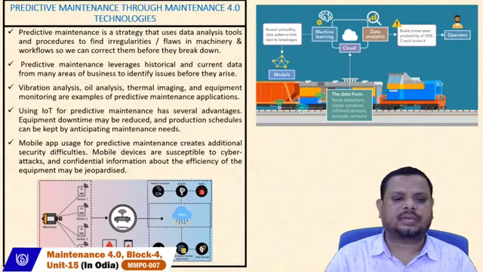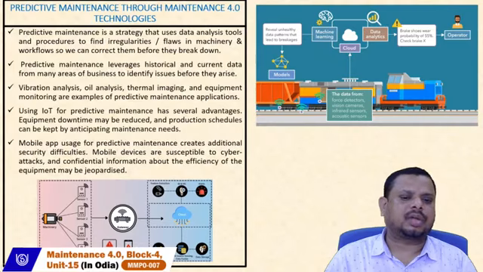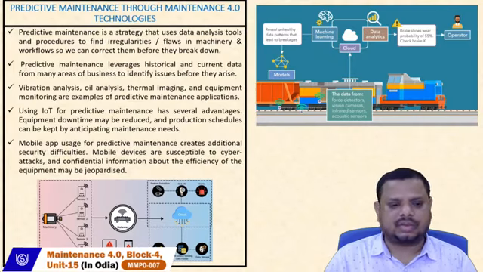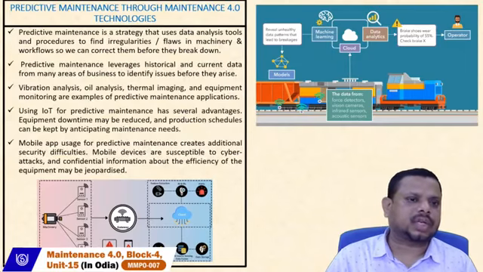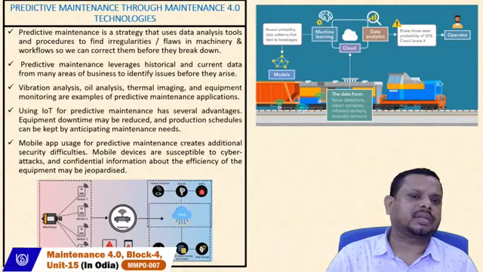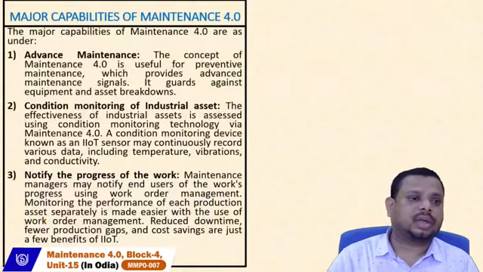Mobile devices are susceptible to cyber attacks. Confidential information about the efficiency of the equipment may be jeopardized. That is why you can use a computer to analyze the various data which is enabled through the advanced IoT technologies. So this is the application of predictive maintenance through the Maintenance 4.0 technologies. Moving to the next one.